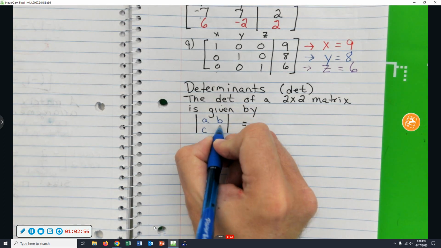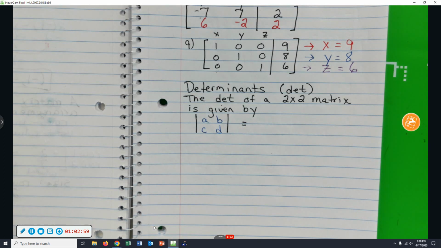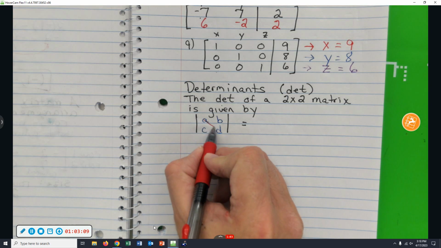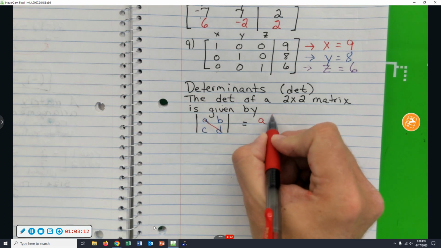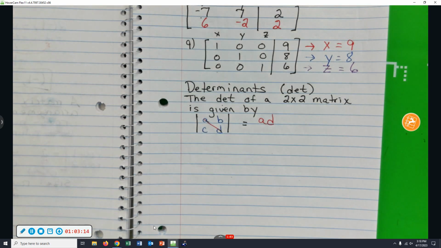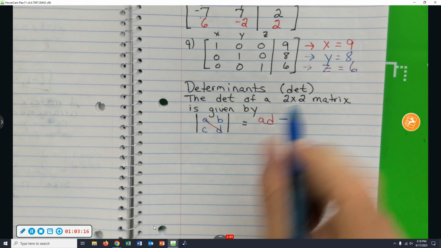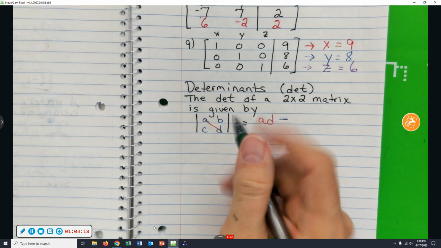I'm calling those 4 numbers A, B, C, D. And to find this determinant, you're going to cross multiply. A times D minus B times C.